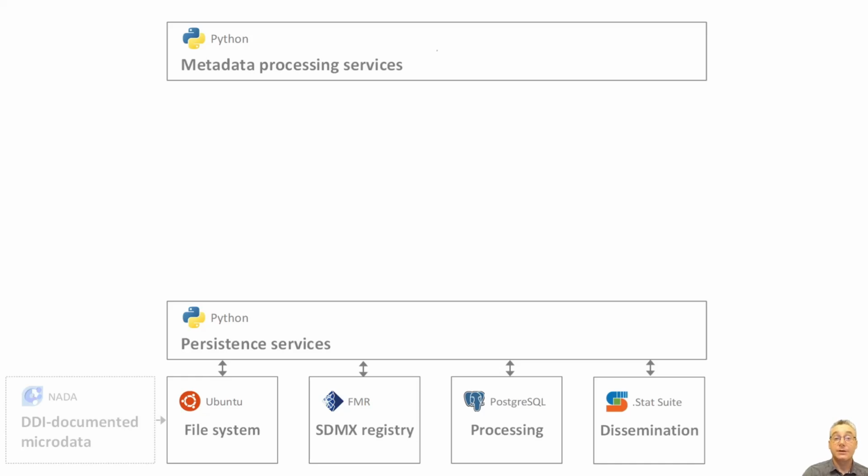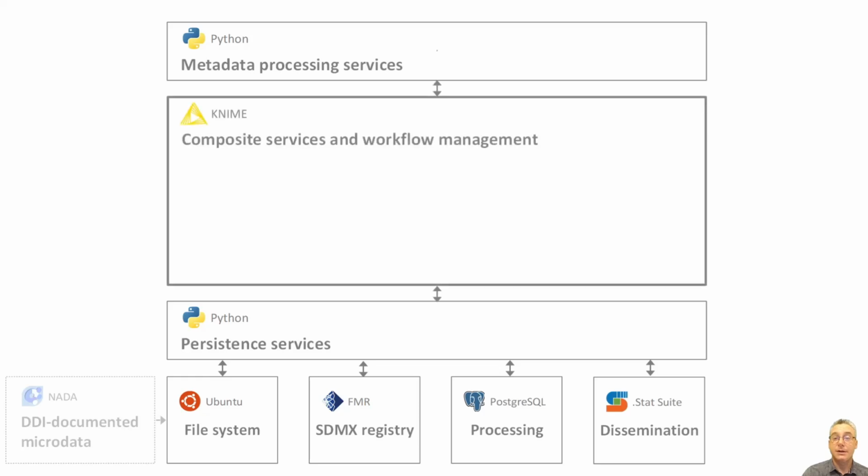In line with the concept of a no-code configuration for statistical processes, KNIME has been employed as a workflow manager. A series of custom composite services combining persistence and metadata processing capabilities have been prepared and made accessible on the sandbox KNIME instance. These composite services are more specifically tailored to the use case and provide coarser-grained functionalities.